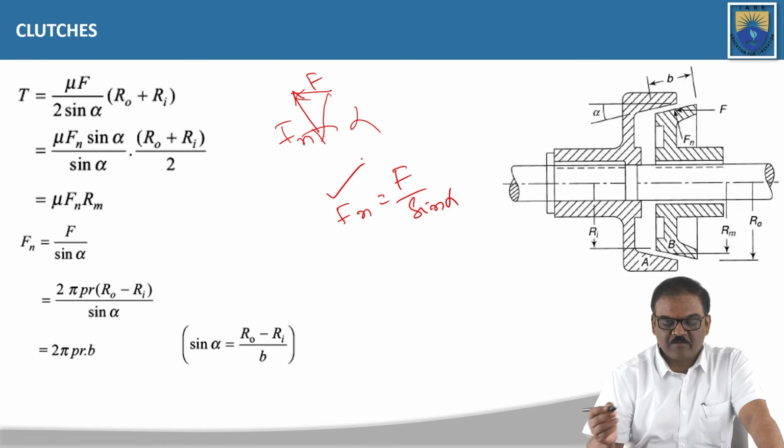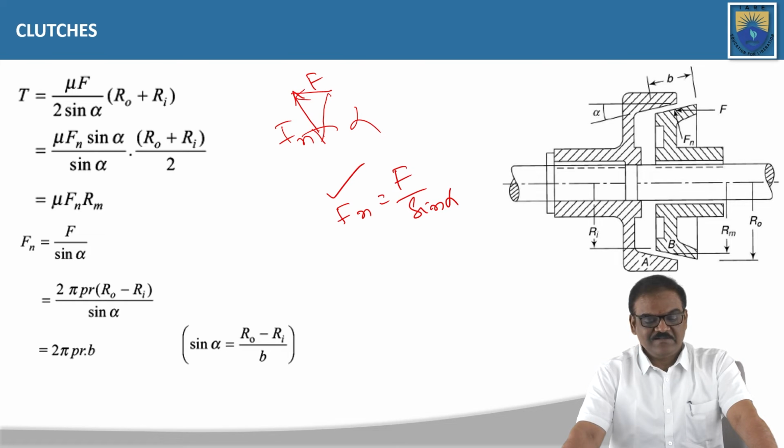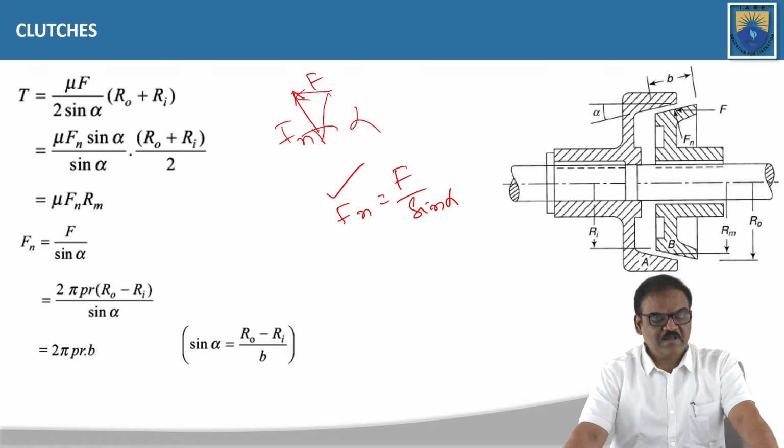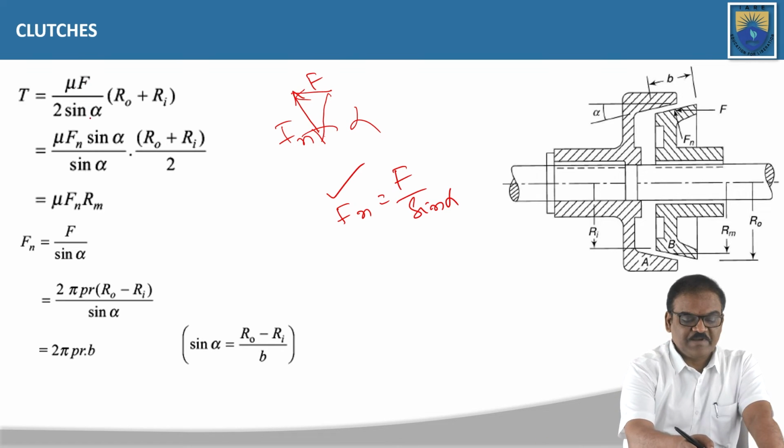Therefore, the normal force will be increased and more power transmission can be experienced. Therefore, T is half mu (F by sin alpha) (R outer plus R inner).